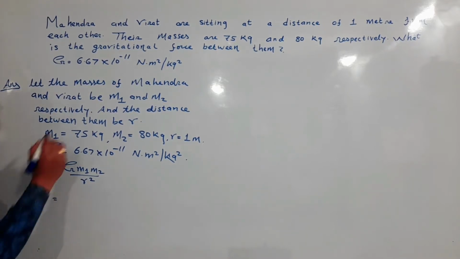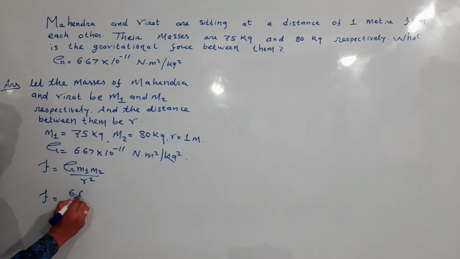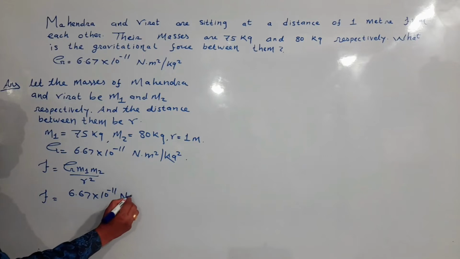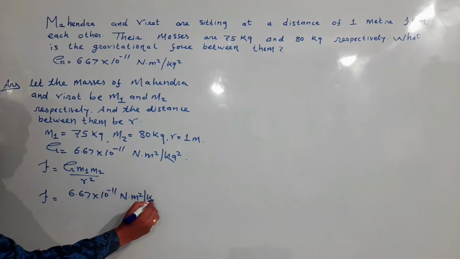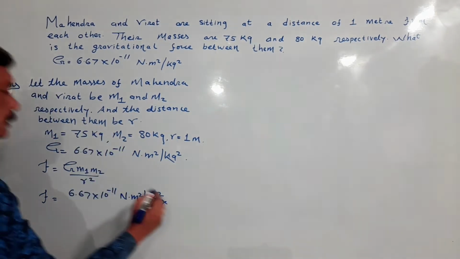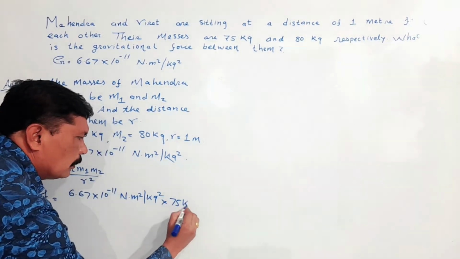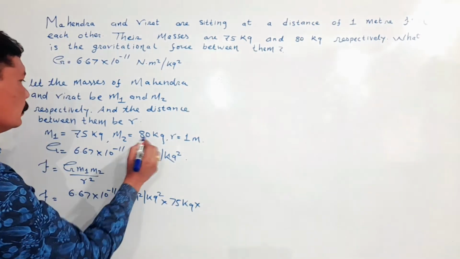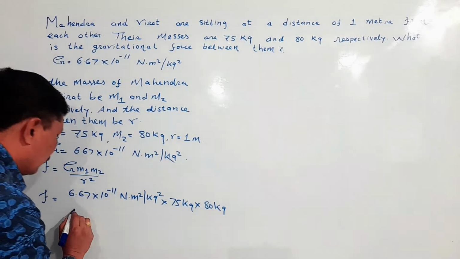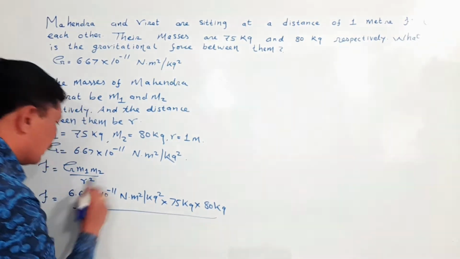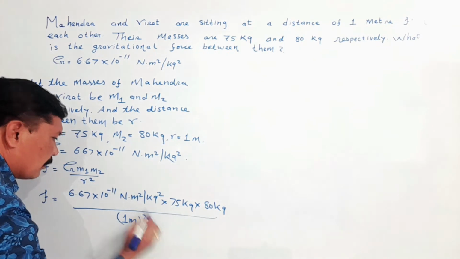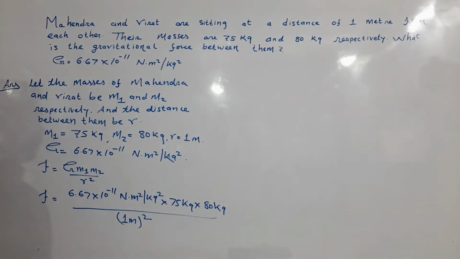F is equal to G, 6.67 into 10 to the power minus 11 Newton meter square per kg square into 75 kg into 80 kg upon R square, and R is 1 meter square.